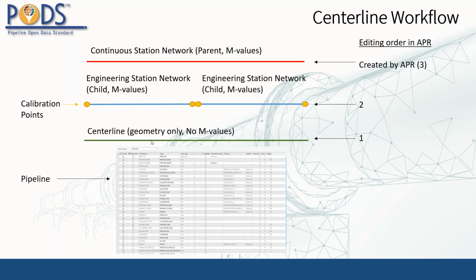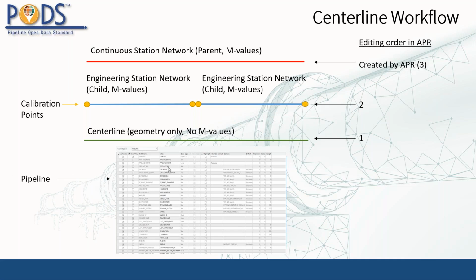So to move any vertices, or edit the center line to create a different shape, I would first do it in center line, and then engineering station, and the tools automatically update continuous station network.